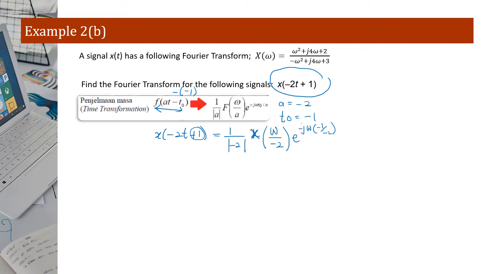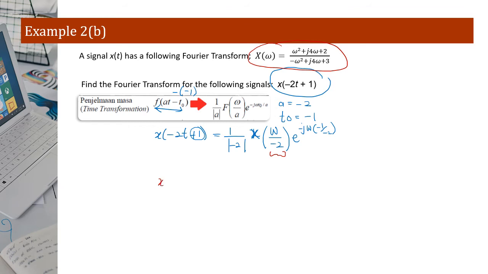Okay, so next, complete your equation. What is X(omega)? X(omega) is again the given equation. But in the new signal, all omega will be divided by negative 2.